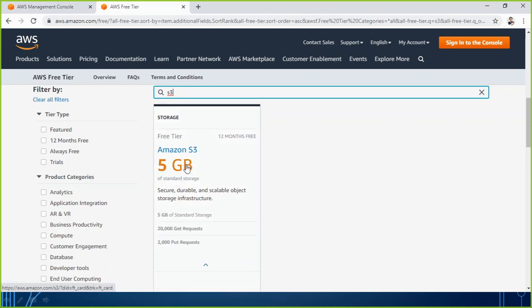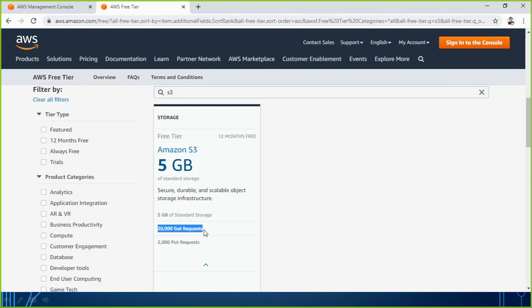But there is also a condition that you will only be able to make 20,000 GET requests, meaning 20,000 times. I am not talking about 20,000 GB or 20,000 MB. I am talking about 20,000 times, the number of times you download from your S3 to your computer. And PUT means uploading.